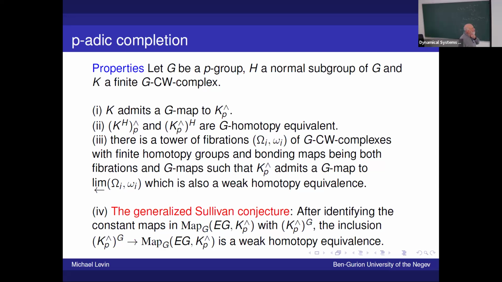In order to simplify the setting, we will talk about simply connected spaces. For simply connected spaces, we have no complications in constructing the p-adic completion. As mentioned, there are two approaches: the topological approach, that is, constructing p-adic completions by fibrations, and the combinatorial one.